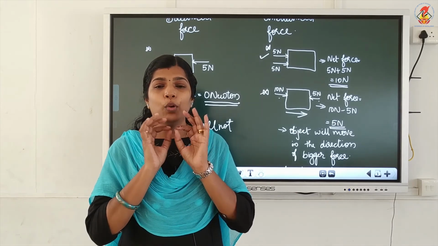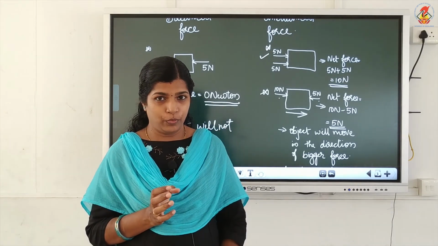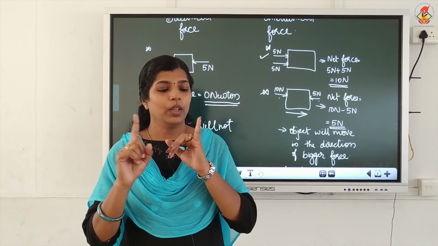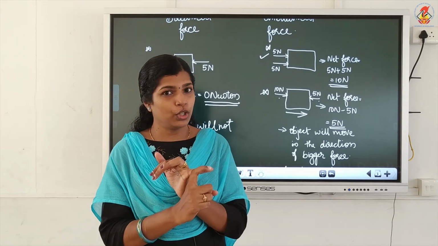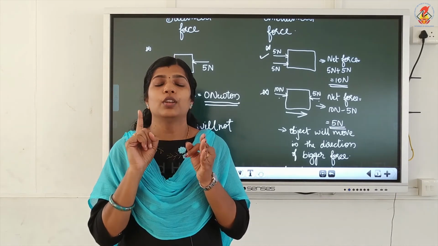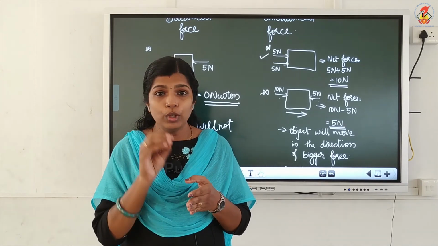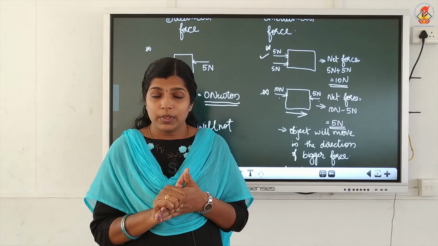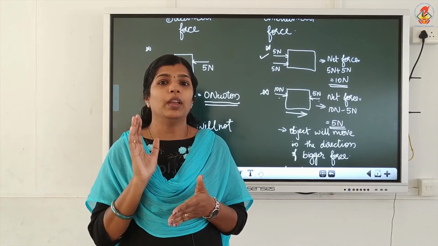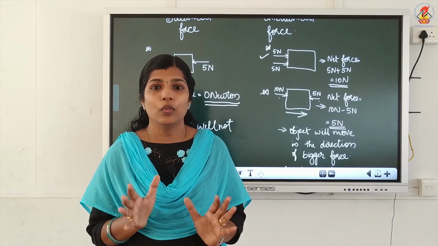So, if you want to change any of these four effects, that is, the position of an object, the speed of a moving object, the direction of a moving object, or the shape of an object, you have to apply a force.